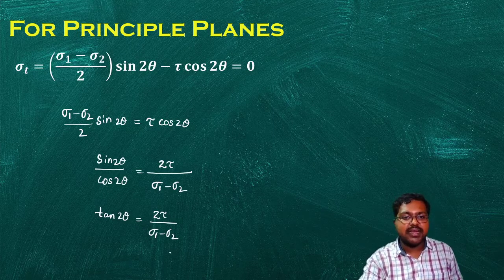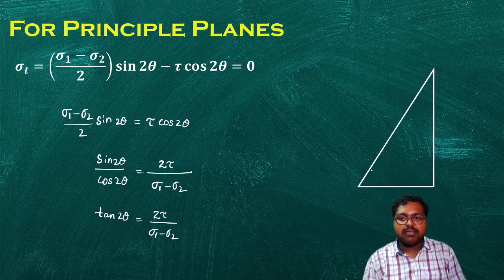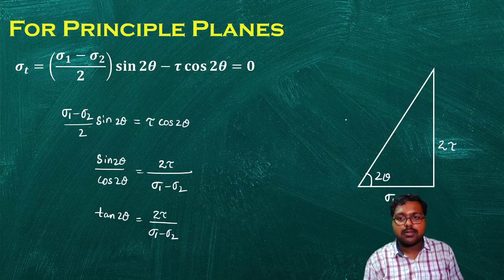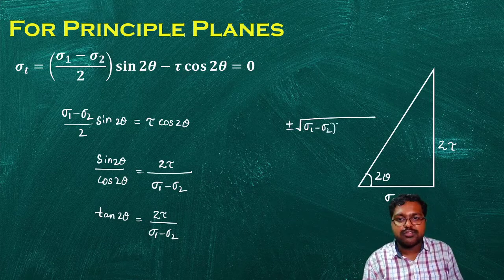If I represent it in a triangular form, if I consider this as the angle 2 theta, then from tan we have the opposite side equal to 2 tau and the adjacent side sigma 1 minus sigma 2. So I will get the hypotenuse as the square root of (sigma 1 minus sigma 2) whole square plus 4 tau square.